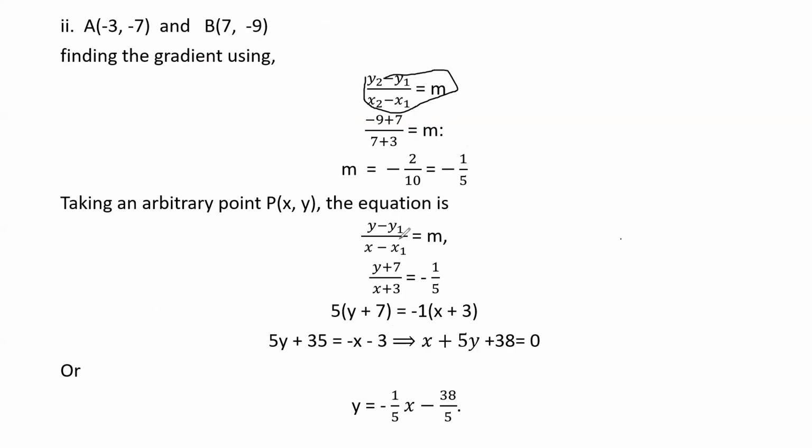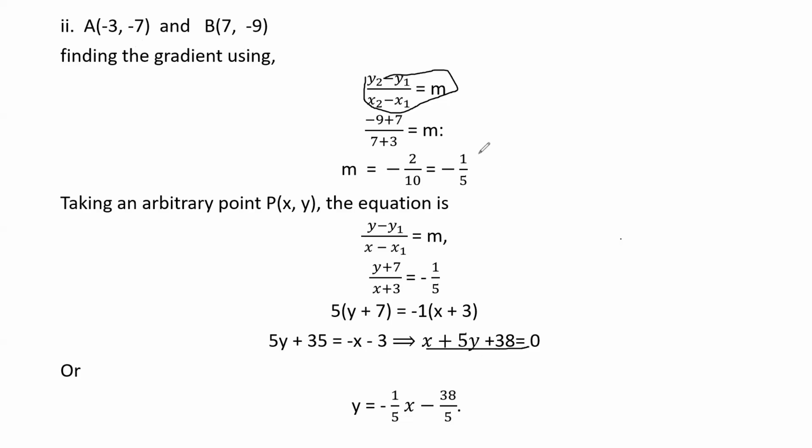If you're using that formula, y minus y1 over x minus x1 equal to m, that gradient. Now picking any one of the points, either you can pick A or B. Here I'll pick A. So we get y plus 7 over x plus 3 equal to minus 1 over 5, that gradient. You know why it's plus 7? Because it is minus 7. And when you simplify, you are getting an equation like this.